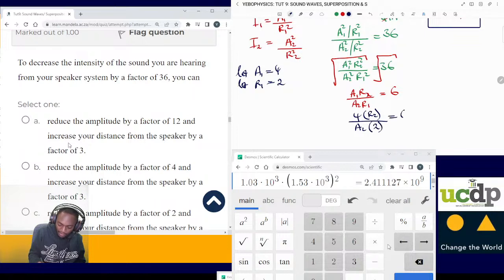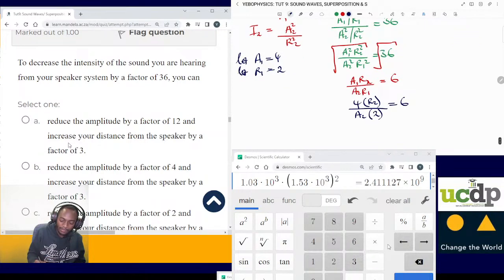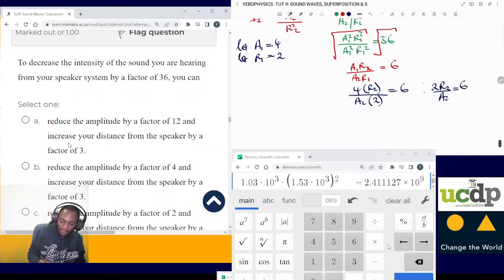These are the conditions I'm putting. If you simplify, this becomes 2R2 over A2 equals 6, and dividing by 2 on both sides, R2 over A2 equals 3.